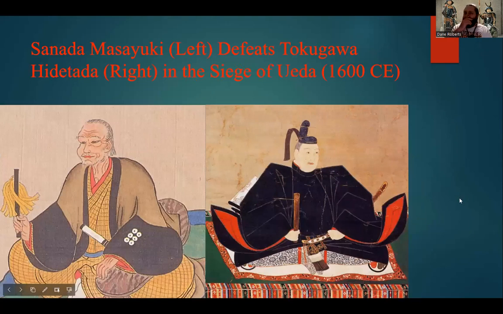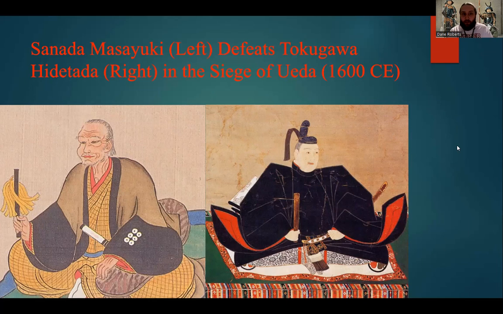And it was during this time that many pitched battles happened. One was the siege in which the Date clan participated in and won, but there were also some losses. In fact, one of Tokugawa Ieyasu's most trusted generals was his own son, Tokugawa Hidetada, who laid siege to the castle of Ueda, but was defeated by Sanada Masayuki in 1600 CE.